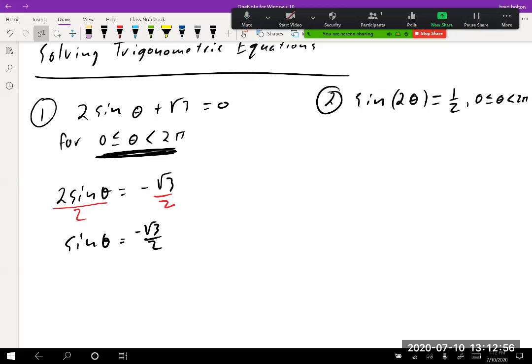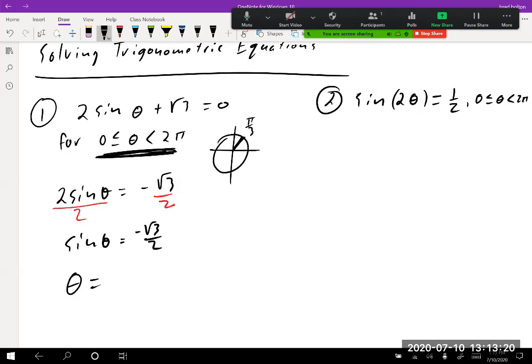So now you have to ask yourself what theta on the unit circle would give you negative square root 3 over 2 when you take the sine of it? Well, we know that at pi over 3, or 60 degrees, we would get that. But this is negative.